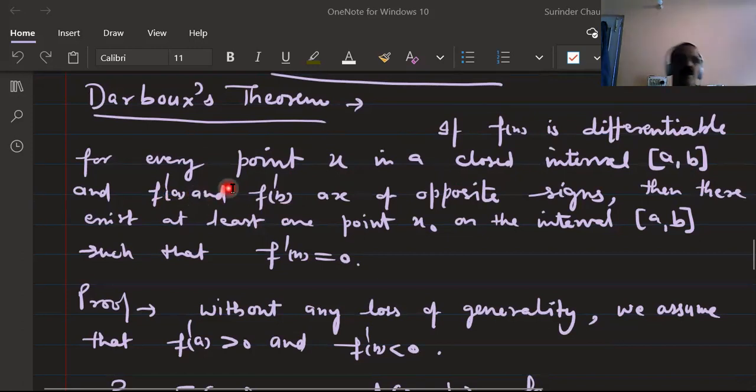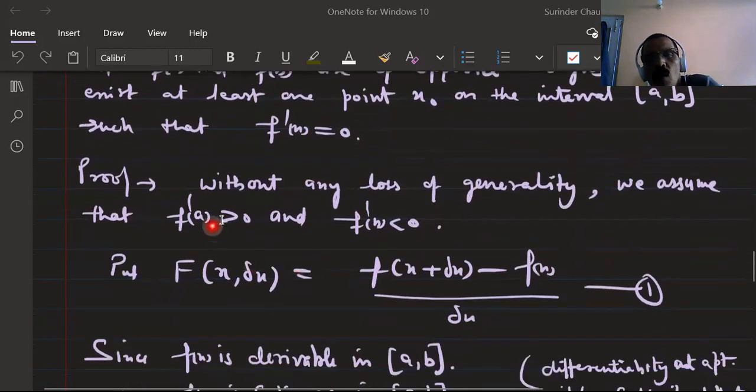Because we are studying real-valued functions, and f dash a and f dash b have opposite signs, between the values which f dash a and f dash b have, all the real values exist, because f is differentiable at a and f is continuous. Without loss of generality, we assume one is greater and the other is less.